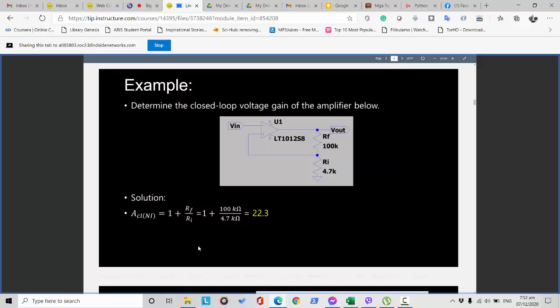So for example, you can just make the solution similar to this one. Your final answer should be highlighted, okay? Because in some cases, I cannot find the answer.